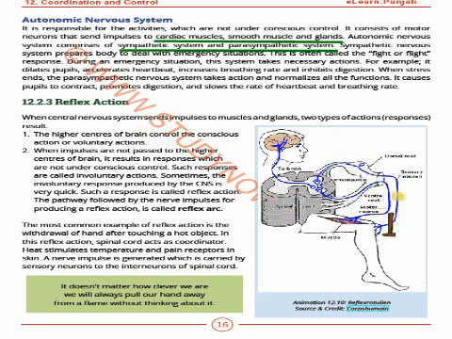Now see, sympathetic nervous system and parasympathetic nervous system. Sympathetic nervous system prepares the body to deal with emergency situations, for example, fight or flight response. During an emergency situation, the system takes necessary actions. For example, whenever you see a thief coming towards you, you do two things: you run or you fight. This decision is taken by the autonomic nervous system.